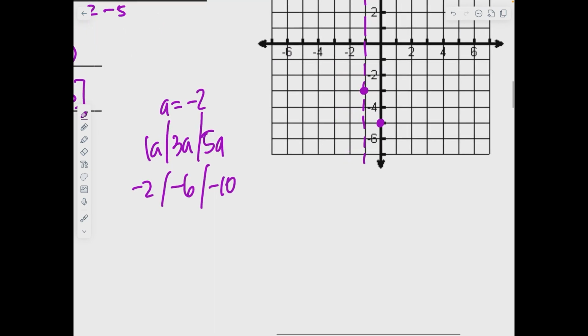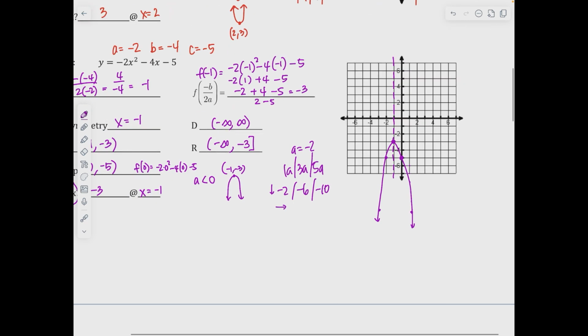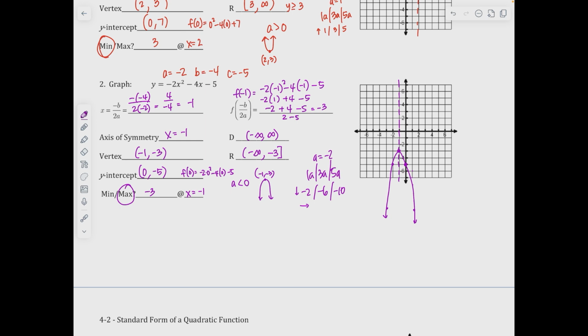What you'll already notice is as I go 1 unit to the right, I go 2 units down. That's the y-intercept. And I mirror it to the other side. Okay, the next one is 6 units down. So 1, 2, 3, 4, 5, 6 is over here. And then 6 will be over here. And then there is my parabola. Okay, so that would be number 2.